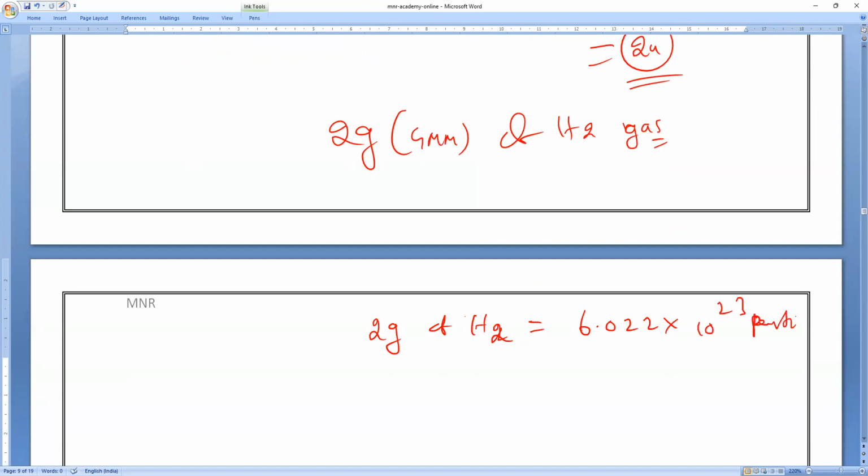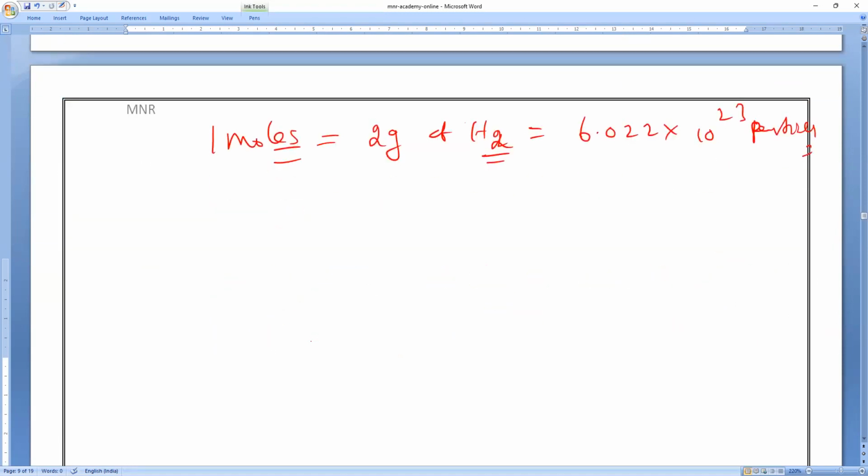So now, 2 grams of H2 also has the Avogadro number, which equals how many moles? 1 mole.